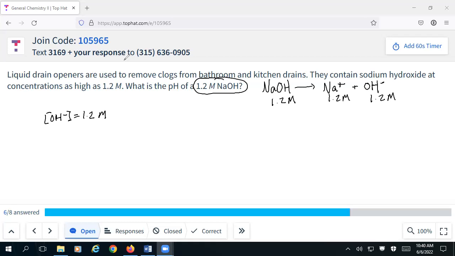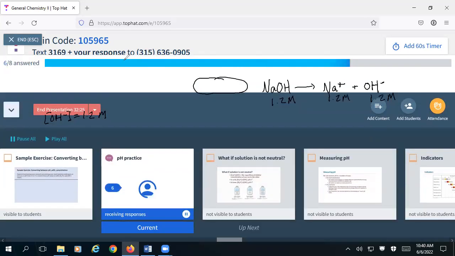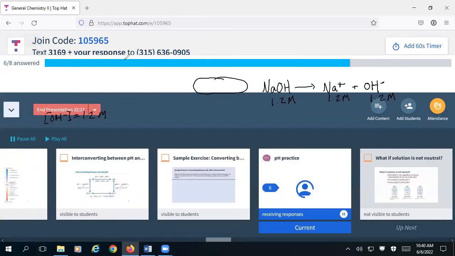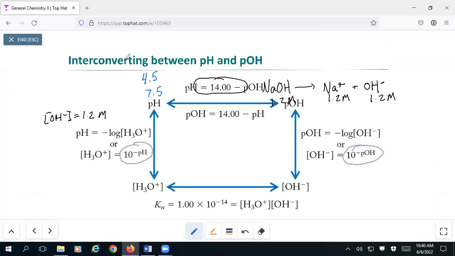Now, we can go back to our rectangle here, and starting with the hydroxide concentration, we need to get up here to pH. There are two paths that we could take. We could turn the hydroxide into hydronium, hydronium into pH, easy enough.